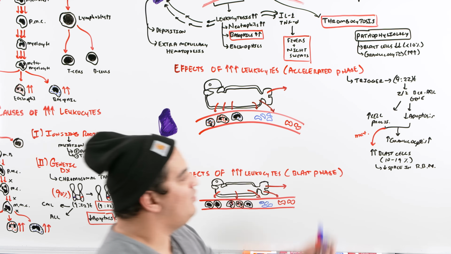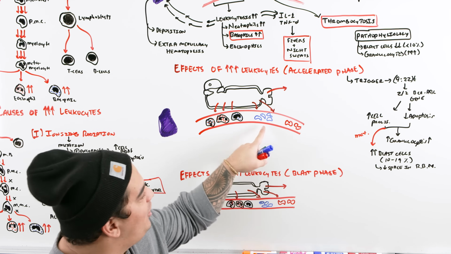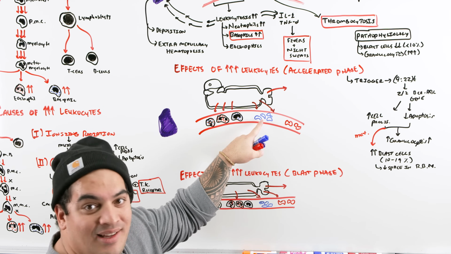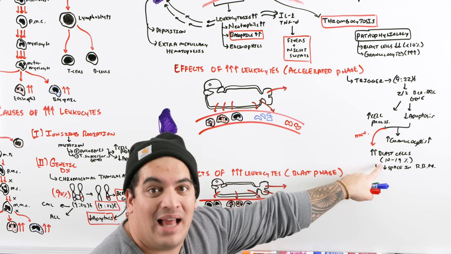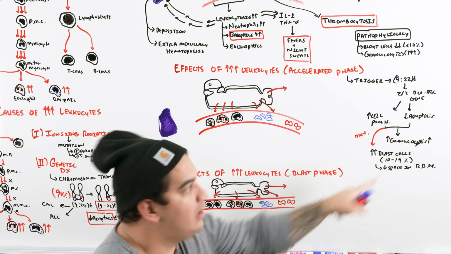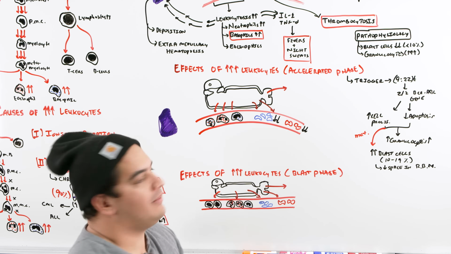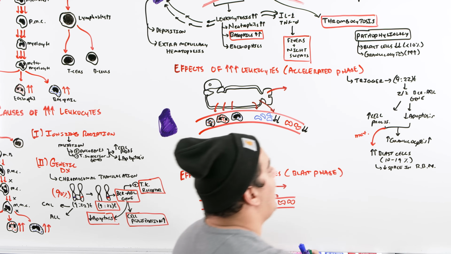And what happens when you decrease the space in the red bone marrow? What do you do to your red blood cell line? What do you do to your platelet line? You were proliferating them to try to make more platelets, but now you're hogging up all the space with 10 to 19% of it being blast cells. Those are big cells. Now you're going to drop your platelets and you're going to drop your red blood cells in this phase, the accelerated phase, where now there are more blast cells.